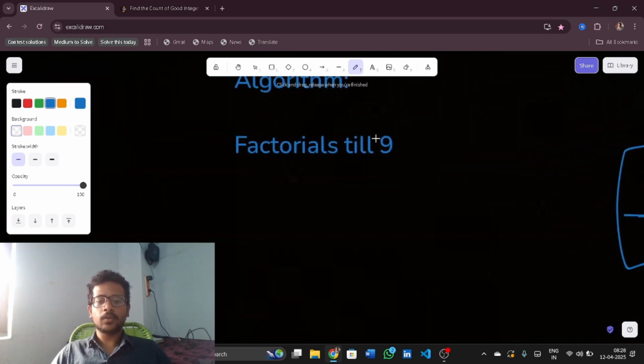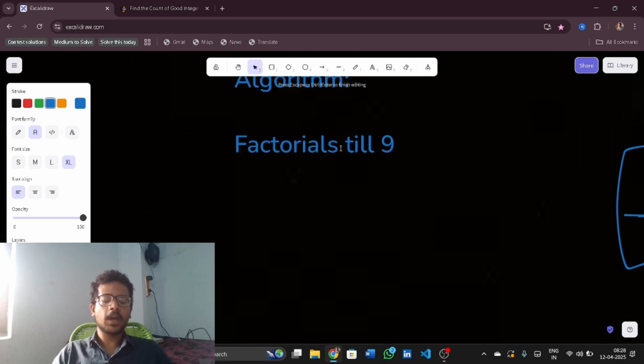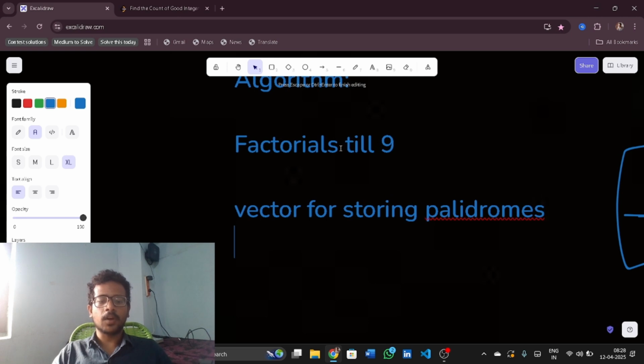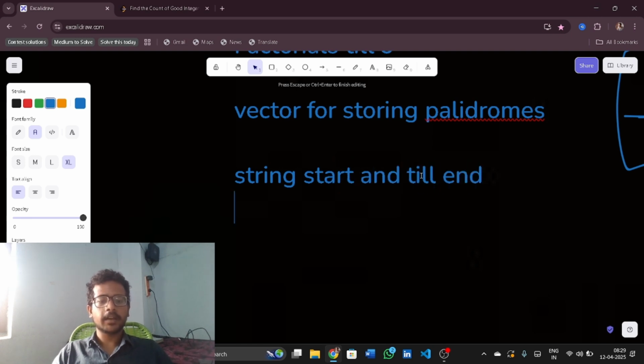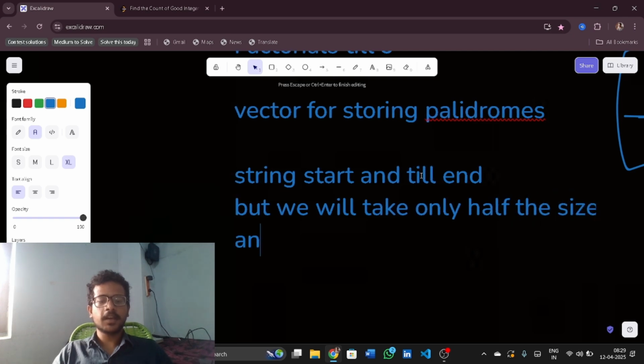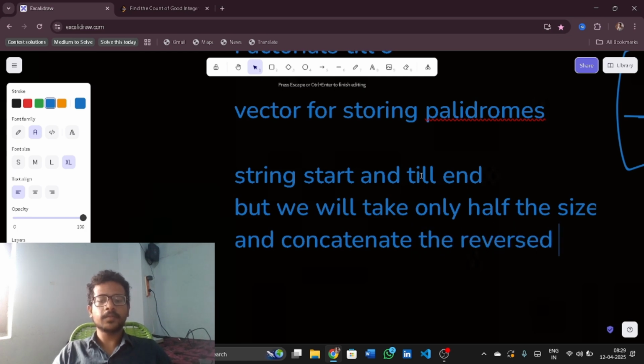So factorials till 9 are computed. Now I have a vector for storing palindromes, and another thing I need to do is take a string. The string needs to go from start till end, but we take only the half size and concatenate the reversed string.